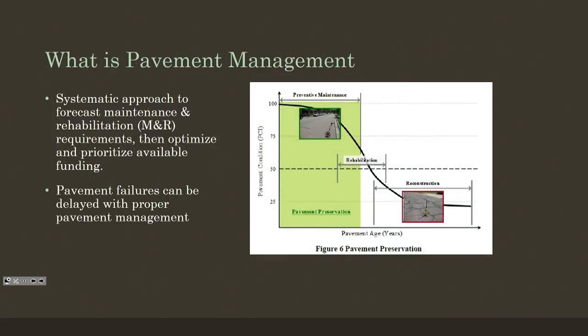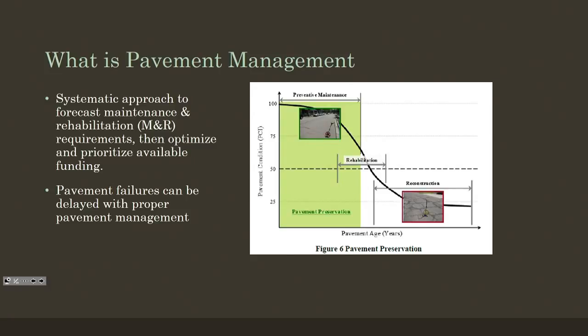So what's pavement management? Well, that's the approach that we take to forecast maintenance and rehabilitation. M&R, you'll hear me say that a lot today, so that's what that means. And then we have to optimize and prioritize our available funding. Unfortunately, no city, I don't care where you're at, has enough funding to take care of their roads at will. So they have to program those improvements over a period of time and then have a strategy for how you deal with that.